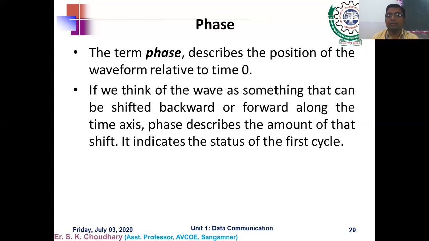If we think of the wave as something that can be shifted backward or forward along the time axis, phase describes the amount of that shift. It indicates the status of the first cycle, so from where your first cycle starts represents the phase.